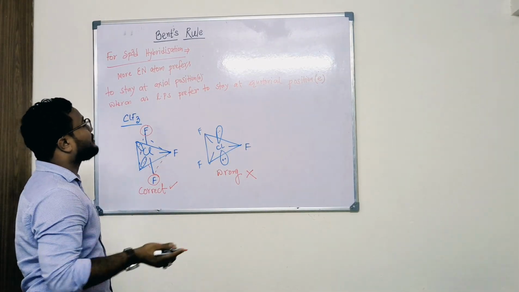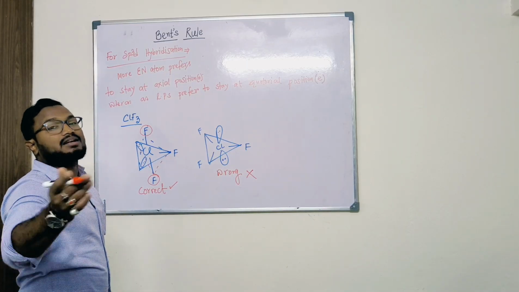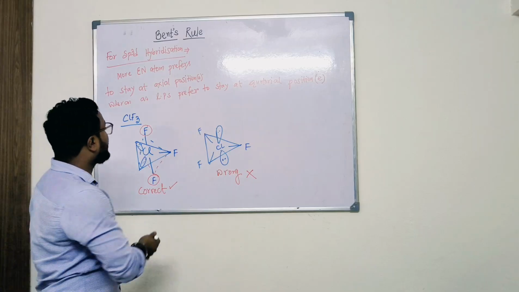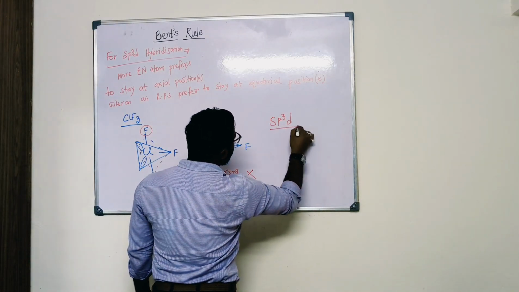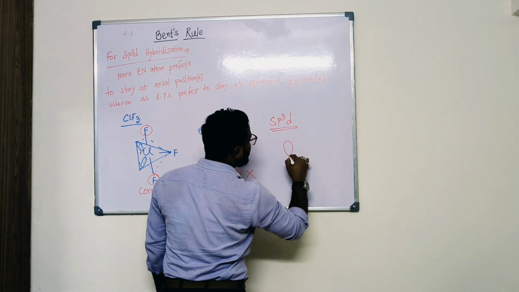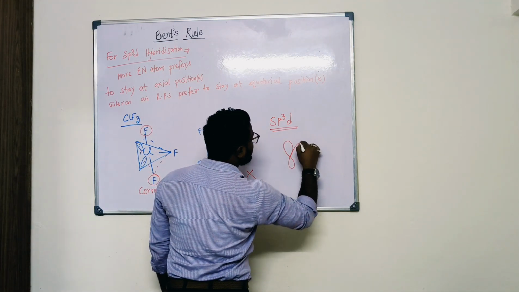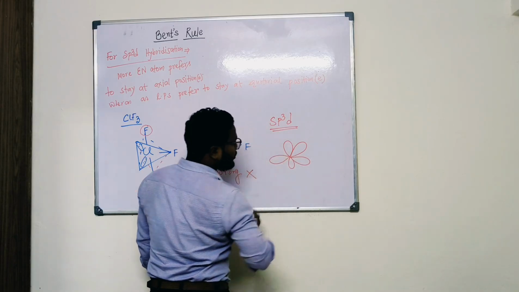Now if I want to represent sp3d in a practical shape in a diagram, you can see that in sp3d, we can draw it like 1, 2 and another 1, 3.